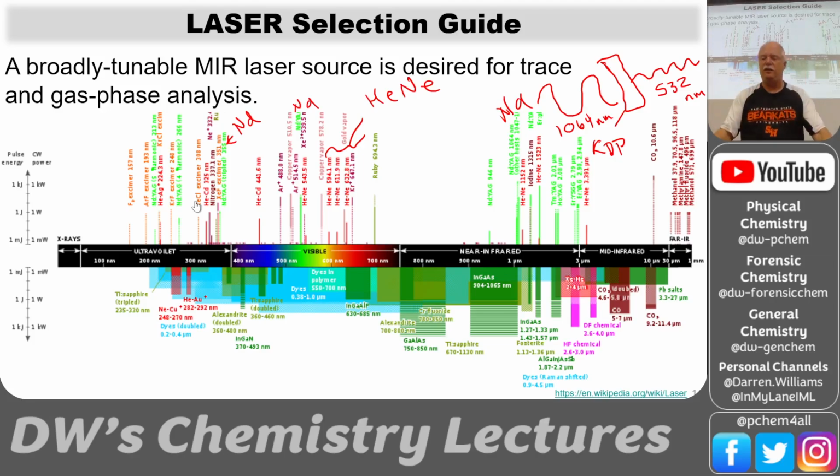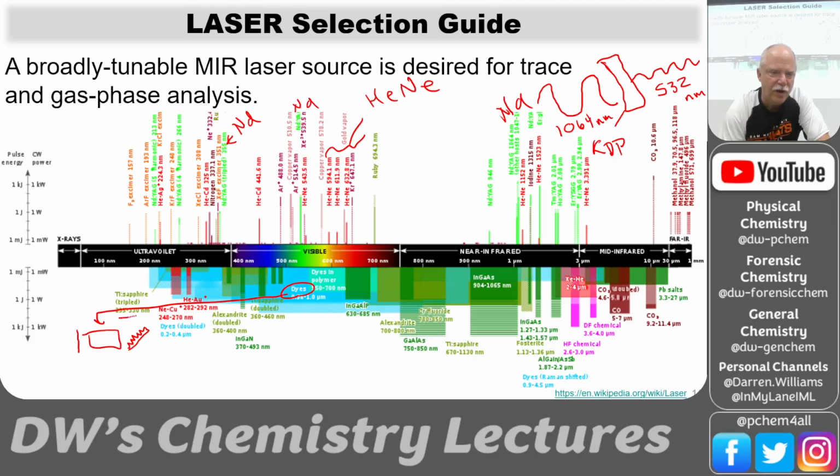So you've got a mirror. Let's just draw it down here. Let's say you've got a mirror here. You've got the dye. So we'll take this dye here and we'll stick it in this cuvette. Then we've got a grating. Like my grating? Okay. And then you've got a mirror over here.